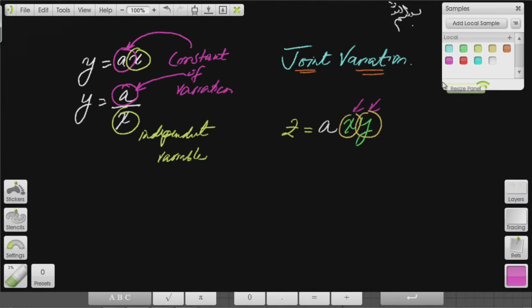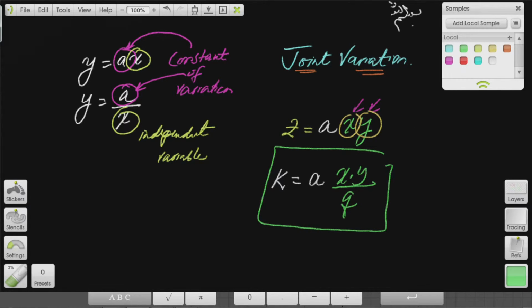Also, a variable can be related to other variables in different ways. For example, I'm just making this up: k is related to some constant of variation a times x times y, and it could be inversely related to q, some other variable. This describes the relationship of k to all of these variables.